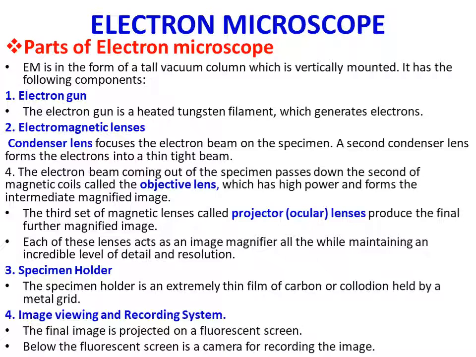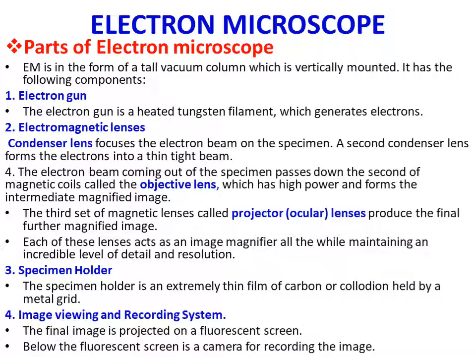Then the electron beam coming out of the specimen passes down a second set of magnetic coils called the objective lens, which has high power and forms the intermediate magnified image.